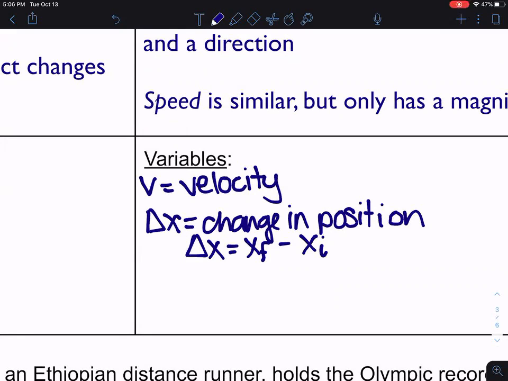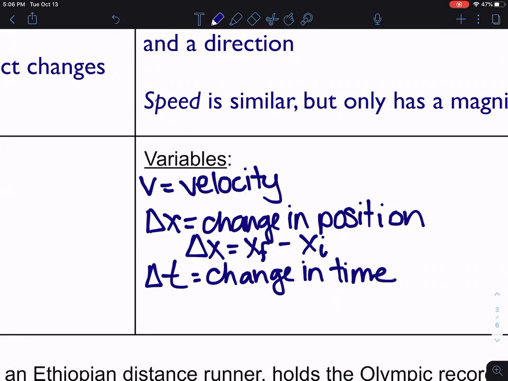The final variable that we have for the average velocity equation is delta T, T for time. So this is change in time. And anytime we have a change, we can do final minus initial.